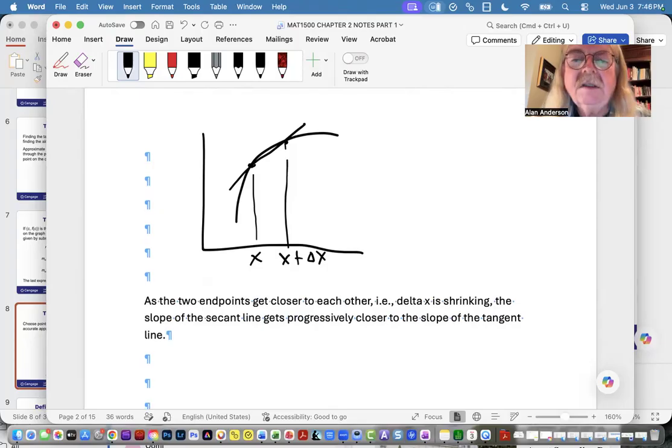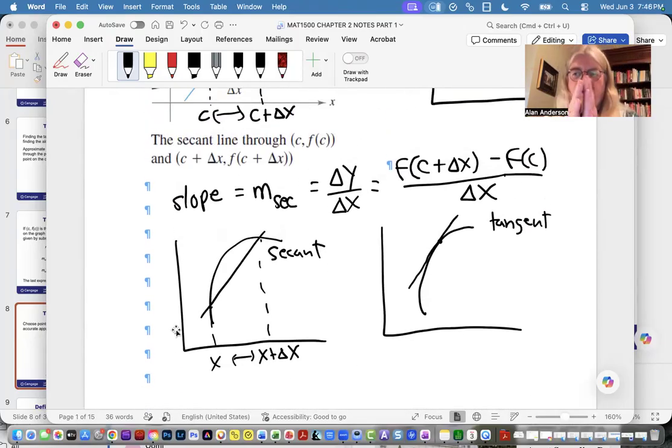So as we keep moving the two points closer together, the slopes of the tangent line and the secant line eventually will be the same.